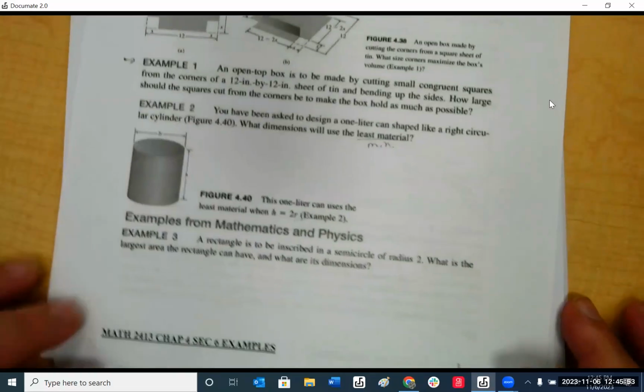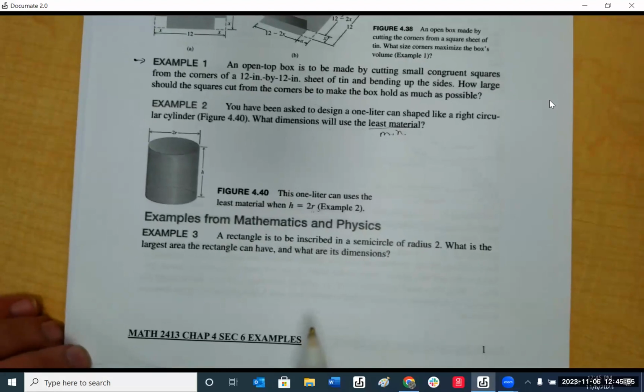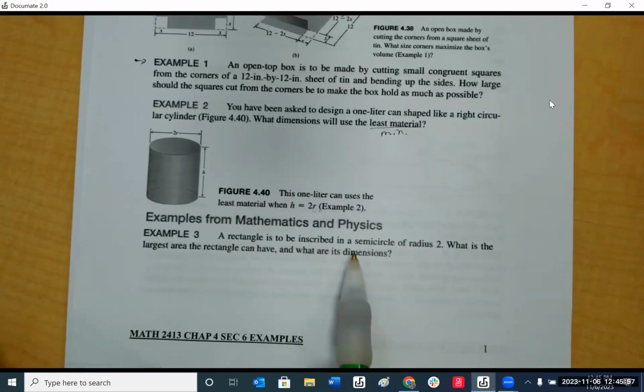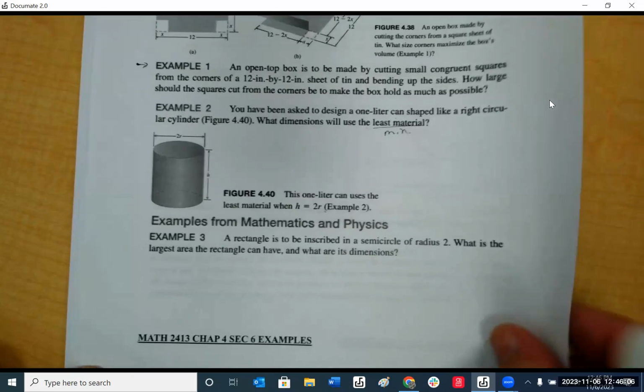Here's number 3. A rectangle is to be inscribed in a semicircle of radius 2. What is the largest area the rectangle can have? What are its dimensions?